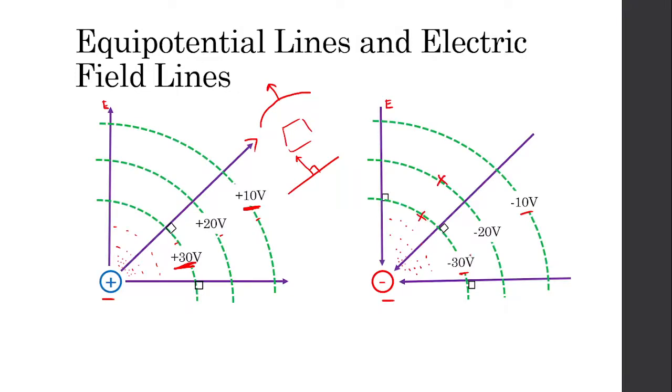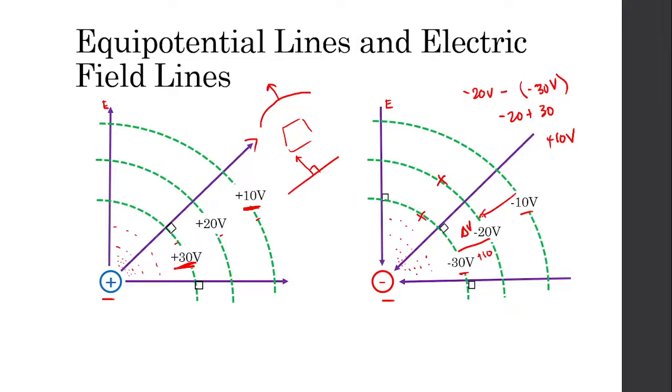So if I measure the potential difference, this is basically -20 volts minus -30 volts. So that means negative 20 plus 30, that's 10 volts. What you would notice is that the potential difference between these two is negative 10 volts or positive 10 volts.